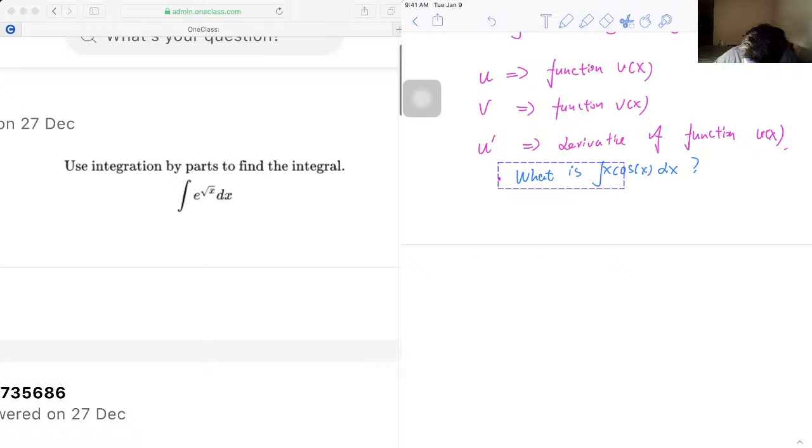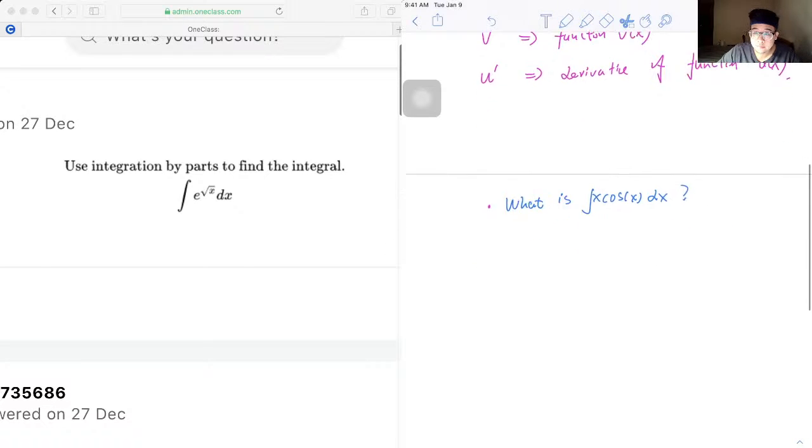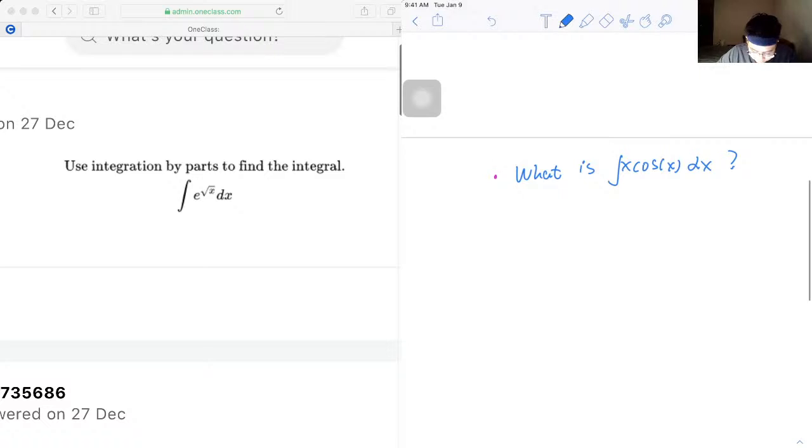let's just move this to the next page. Okay, right here. So we need to solve this by using integration by parts.